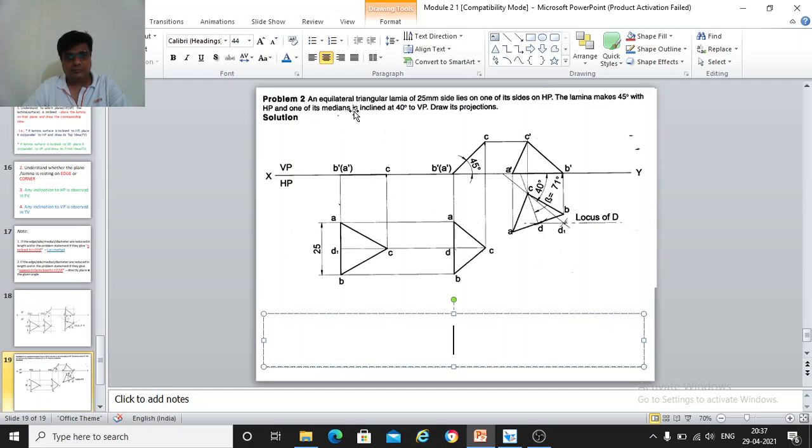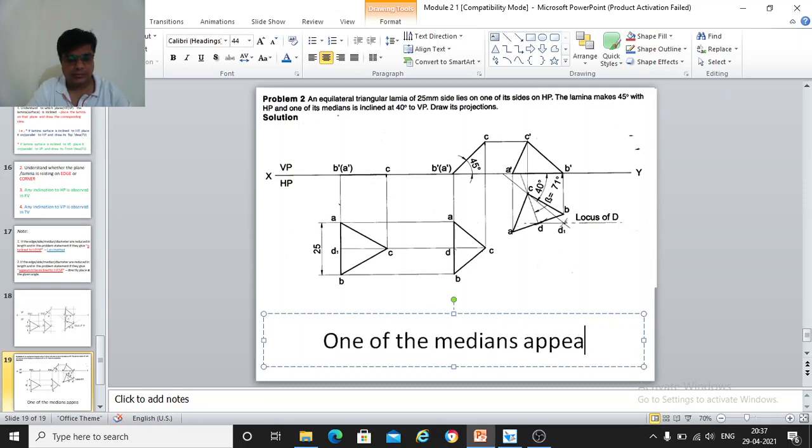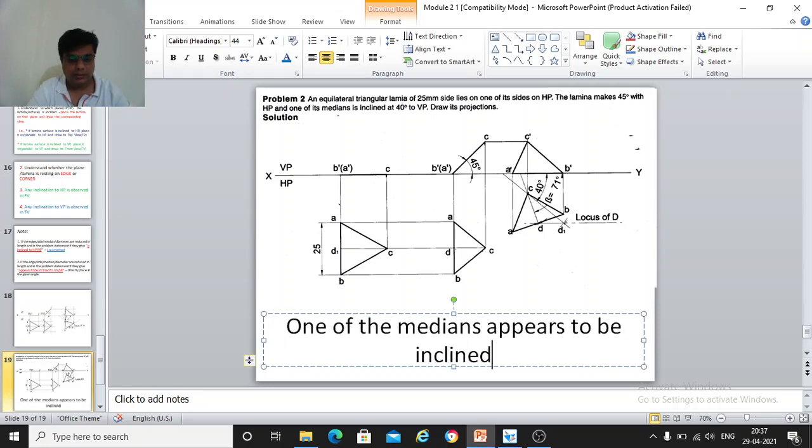One of the medians appears to be inclined to VP at 40 degrees. So in this case, what will happen? You have to understand. Only a small change is there, remaining everything is the same.